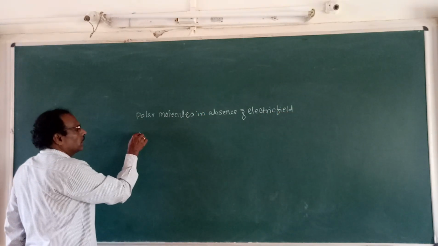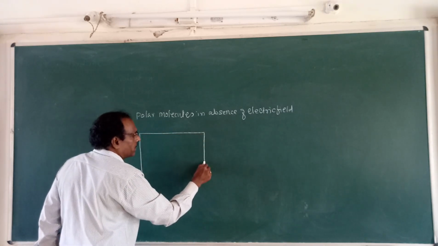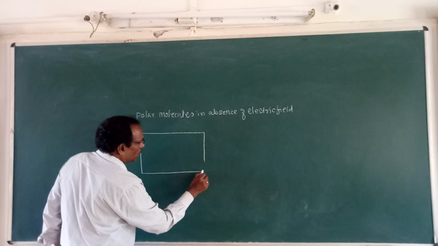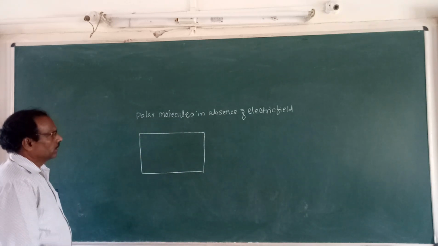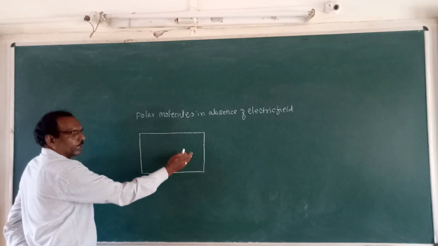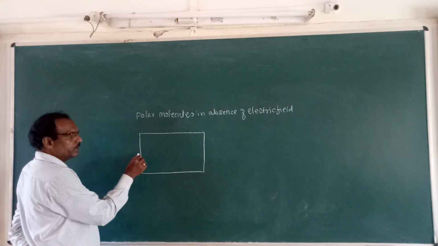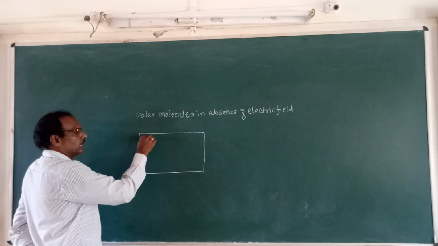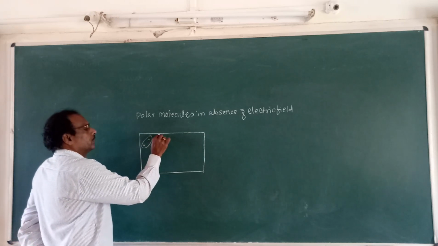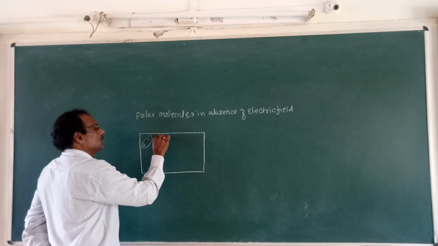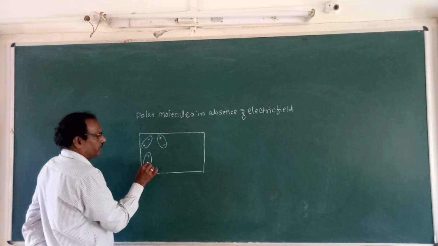Say I have a bulk material which is a polar substance. When we have not applied any electric field to this bulk material, inside it there are dipoles, and you can see they are randomly oriented.